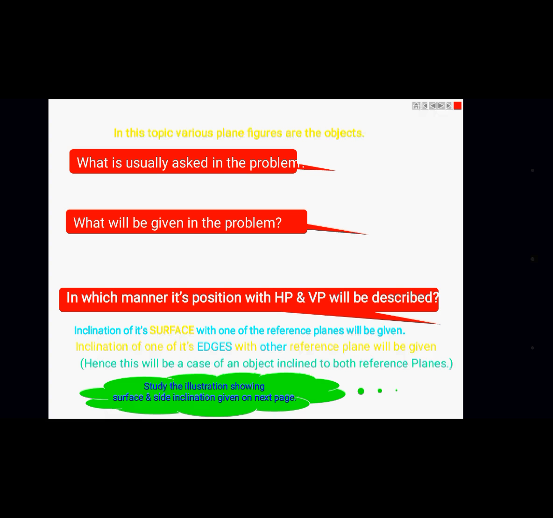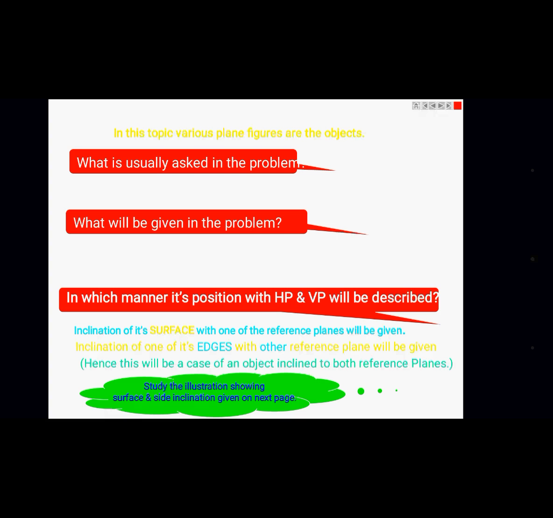So before we proceed, let us discuss category 1, lamina resting on HP. A lamina is said to be resting on HP if we place the lamina on HP. For example, if you take a triangular lamina and just place it on the horizontal ground level surface, the top view will be a regular shaped triangle.